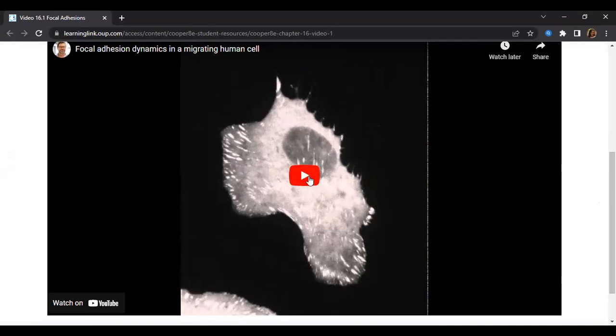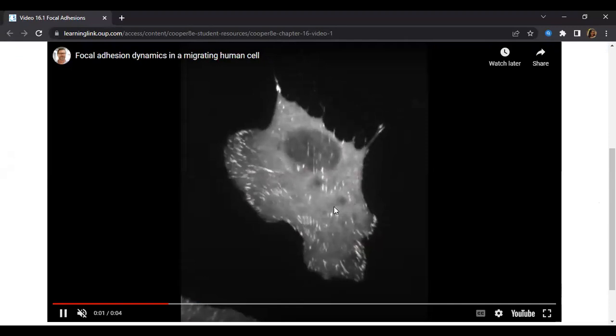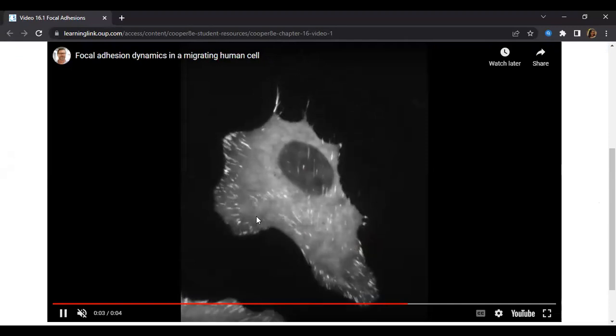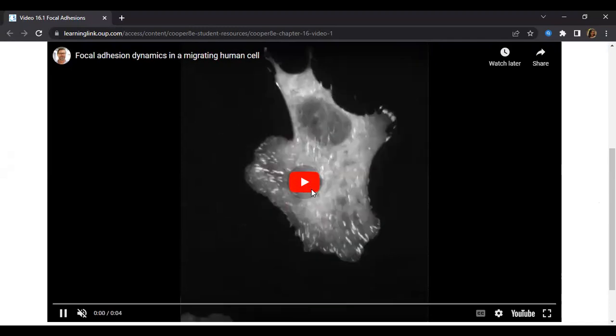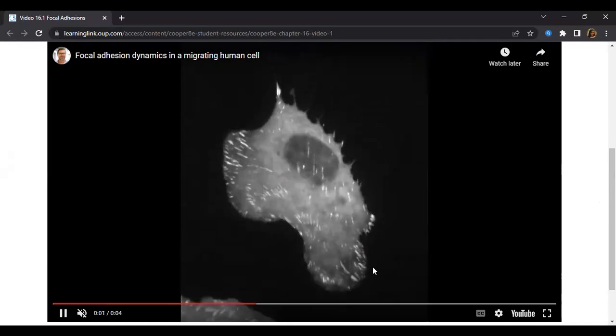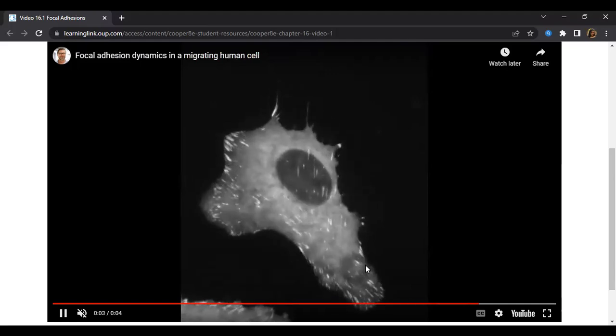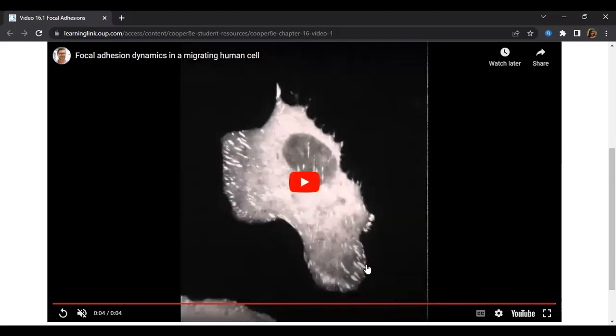Yes, ma'am. Okay, so I don't think there is any volume in this, but when a cell is moving, you can see something sparkling, this white color thing, right? So those are the focal adhesions which are formed and then again broken, formed and broken. Did you get it? It is very fast.